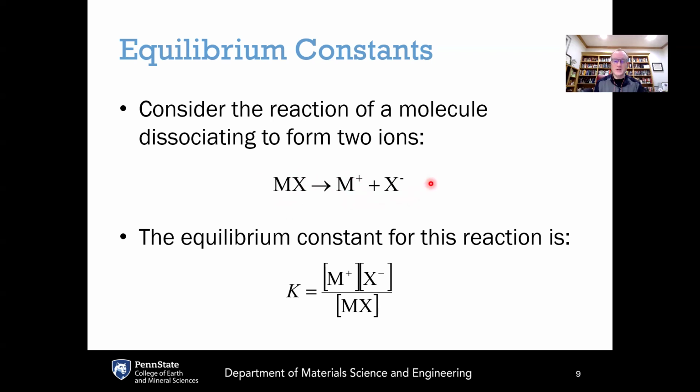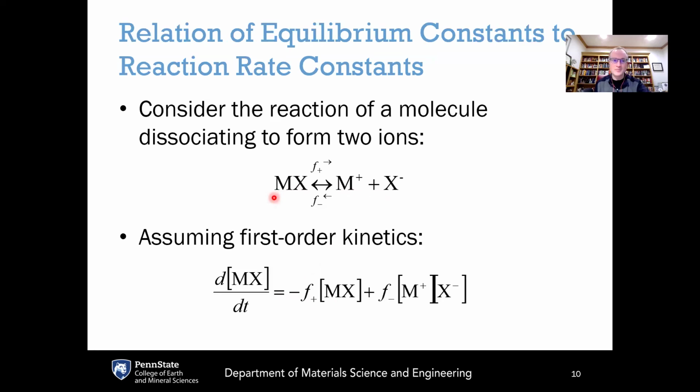The equilibrium constant for this reaction is the product of the concentrations of the products divided by the concentration of the reactant. So everything that's on the right-hand side, multiply those concentrations, divided by the product of everything that is on the left-hand side of the equation.